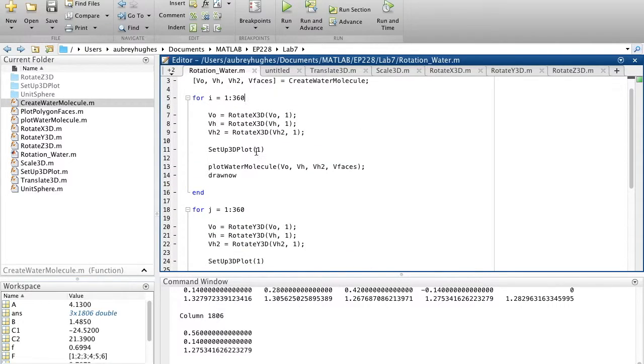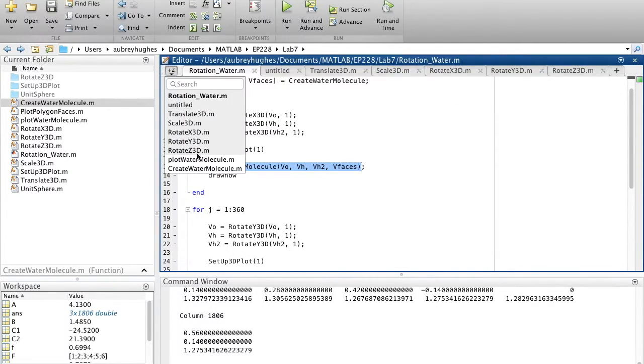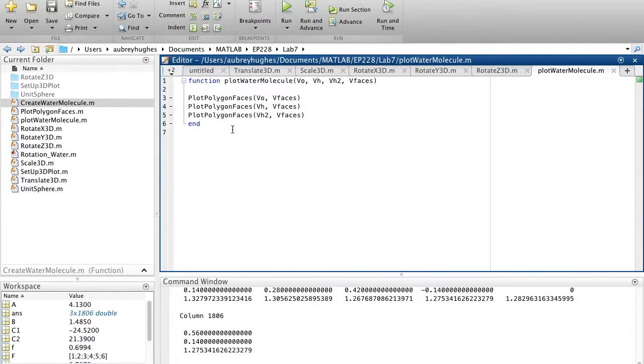I need to set up a new plot each time so that it doesn't draw over itself, and it also doesn't give you 1,000 plots, which is quite literally what would happen if you ran it for all three. And then I use my plot water molecule function, which I have right here, which just basically plots polygon faces for VO, VH, and VH2.